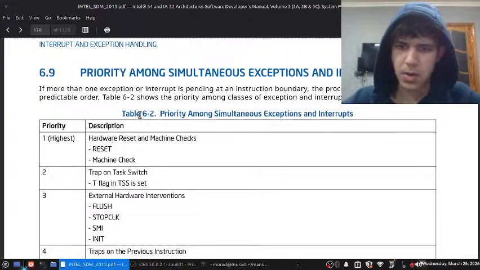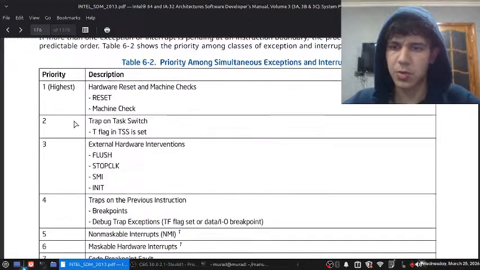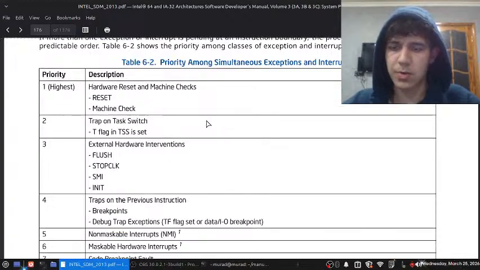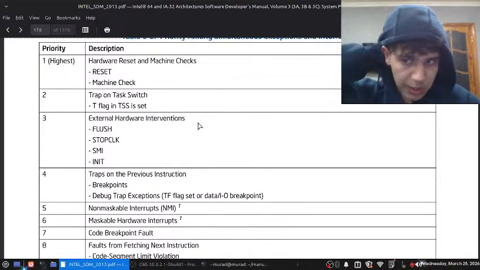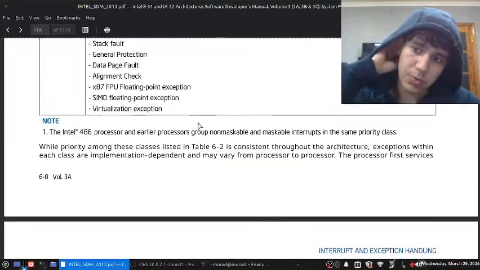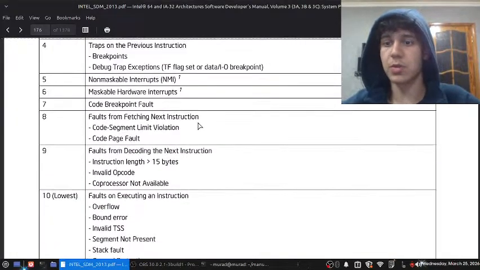Yeah, this is simultaneous exceptions and interrupts priority. The highest priority is hardware machine check. I said they are high priority interrupts.